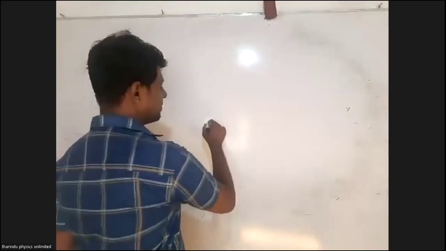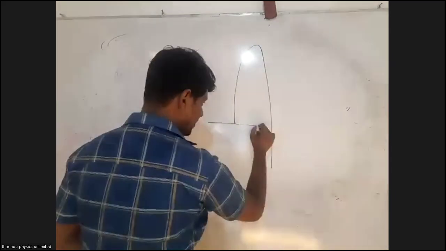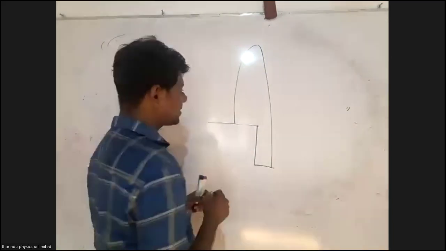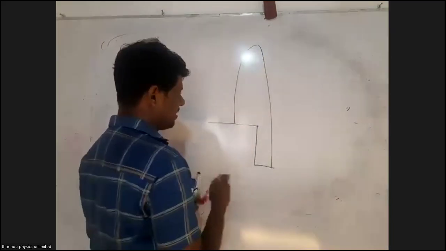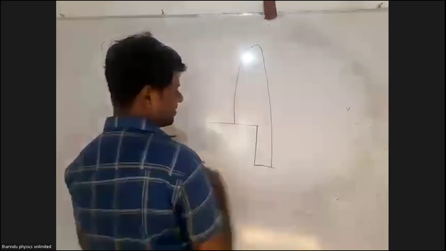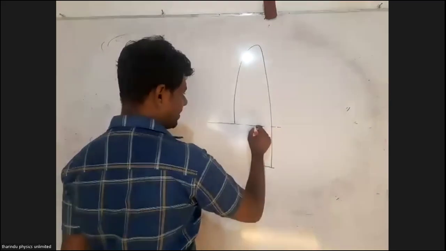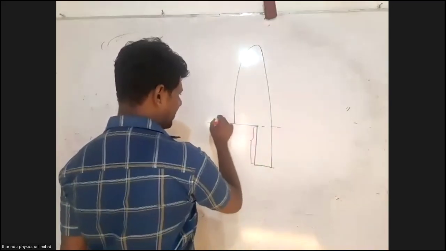Now, sometimes you project something upward and the final level is not the same as the ground level. A stone is thrown upward from the top of a building slab, and it will fall somewhere below the ground level.